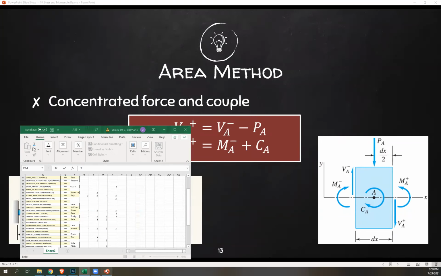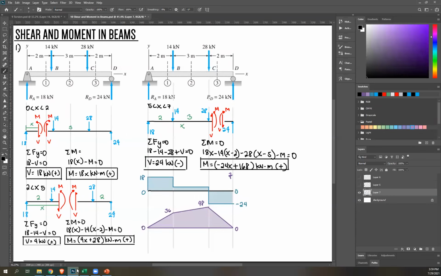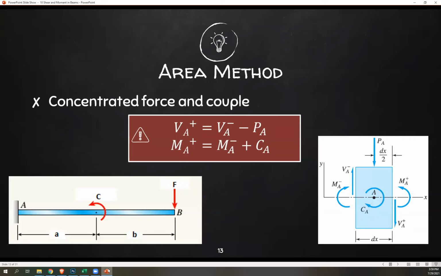For example, here, this is already 18, but there's an applied load F here, 14. We're just going to subtract that. So 18 minus 14, that's 4. That's why this point is 4. Okay? And then for a couple, same thing. You're just going to add or subtract. Clockwise, positive; counterclockwise, subtraction.